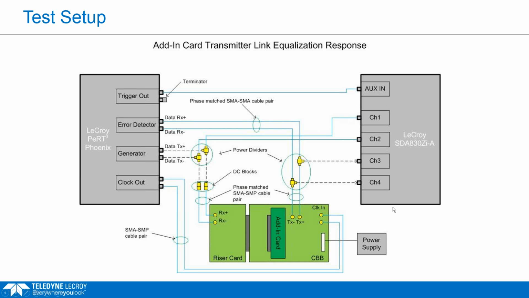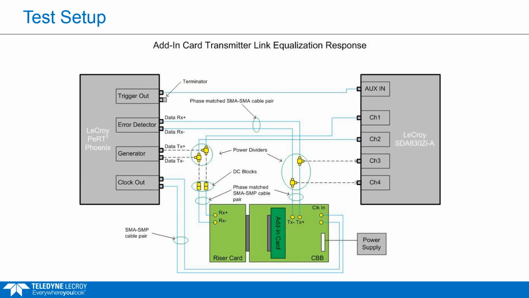Now the memory on the scope is fairly limited, right? We can only capture maybe a millisecond or a couple milliseconds at the most, but usually a couple microseconds. So what we do is we feed a trigger from the PeRT to the aux-in on the scope so that we can trigger the scope at a specific point where we want to be able to view the data. So we capture just what we're looking for.